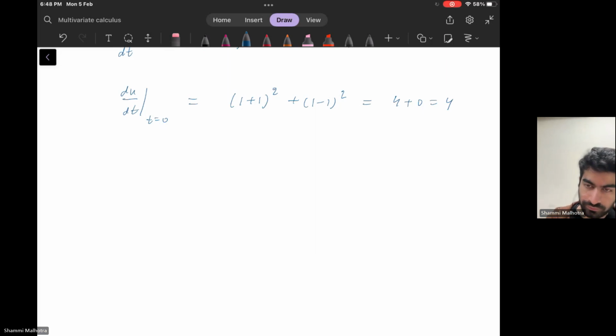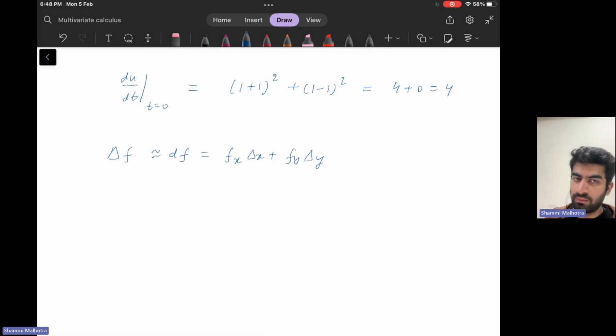Basically, we approximate the change in our function by the total differential of our function, which is fx del x plus fy del y. This is something which we have seen in the theory. So the change in the function can be approximated with the total derivative of function f, and that is given by this expression.